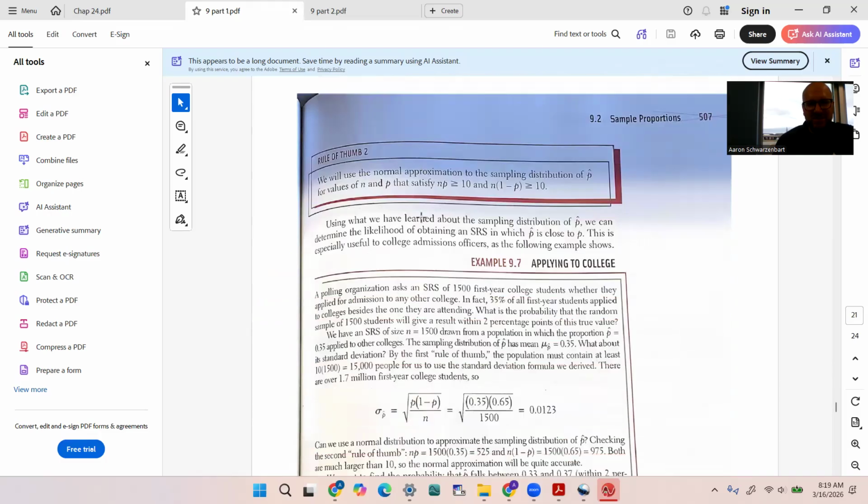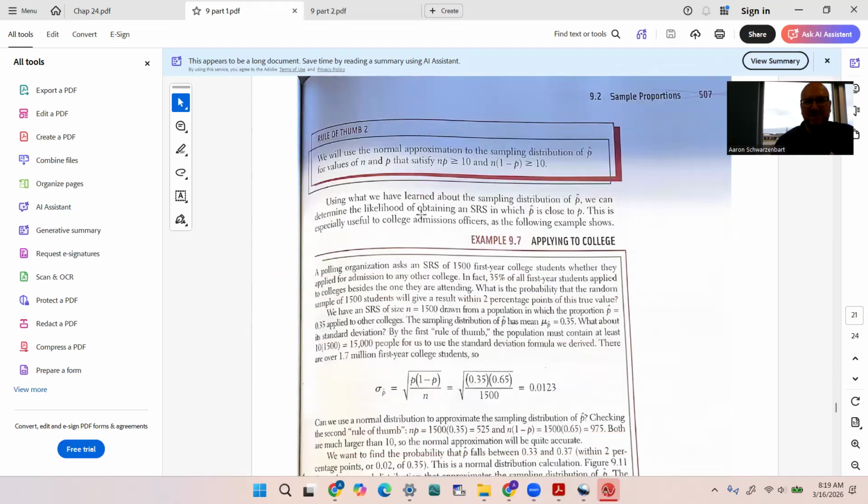The second rule of thumb says that my distribution will be approximately normal if NP is greater than or equal to 10 and N times 1 minus P is greater than or equal to 10.